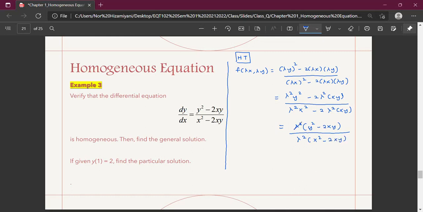Now you can eliminate λ² and λ². Then your function is equal to the original form of f(x,y). So we can conclude that it is a homogeneous equation.